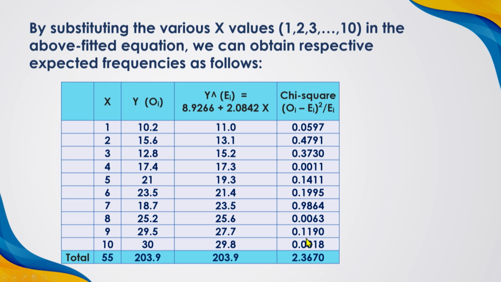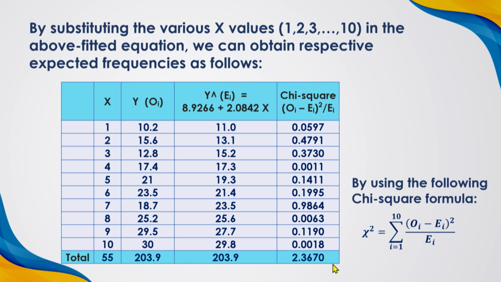Similarly, if you extend for all, you go to the end, 30 minus 29.8 whole square divided by 29.8, and you obtain 0.0018. By summing up all these values, you obtain 2.3670, which is your chi-square calculated value.